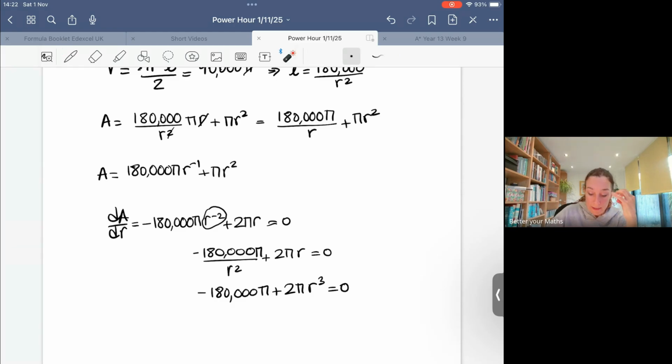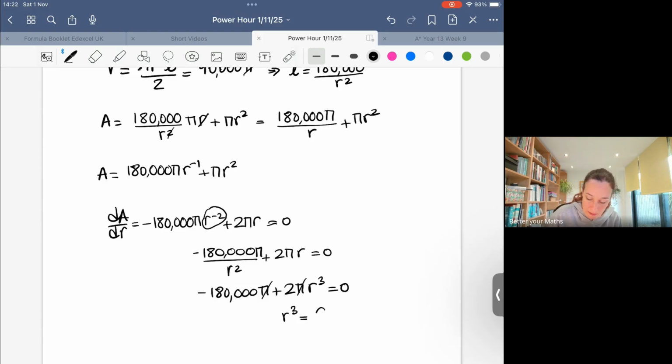Every time you have r to the minus 1 or r to the minus 2, it looks like an alien. You don't know well what to do. But if you bring it back to the denominator, immediately you are going to see, okay, I'm going to multiply by r squared. Could you cancel out pi? Yes, I can cancel out pi. Exactly. 100%.